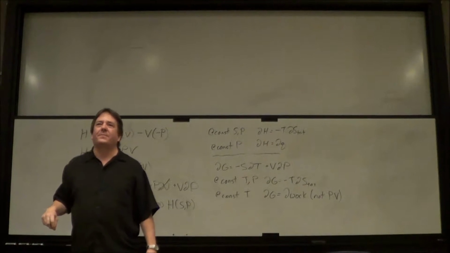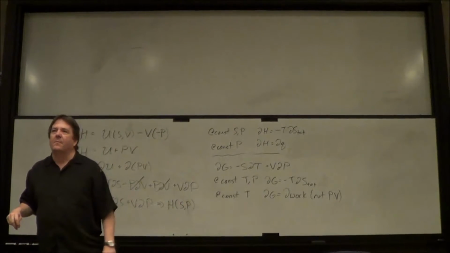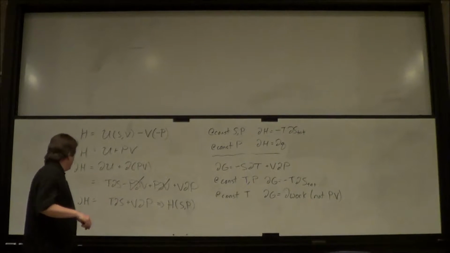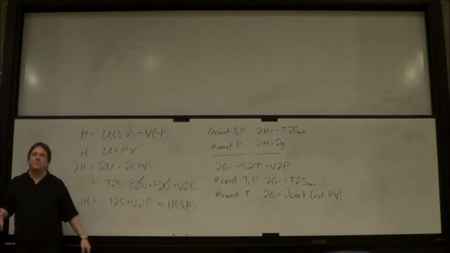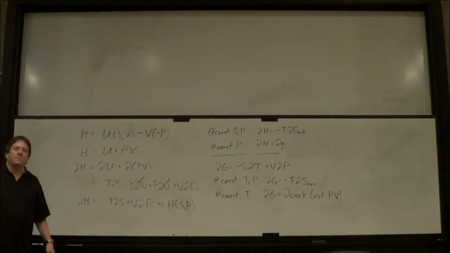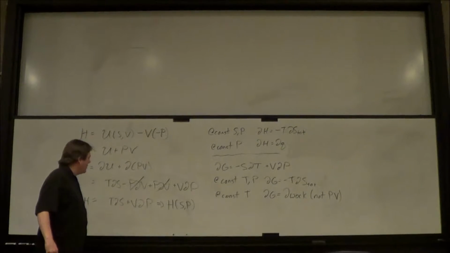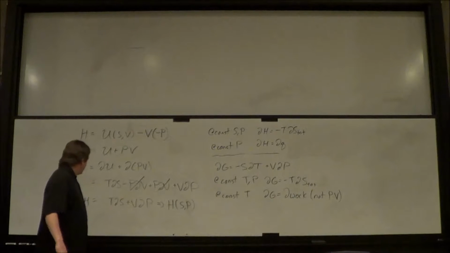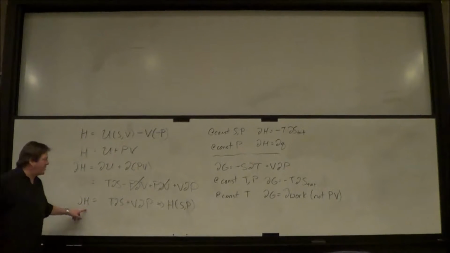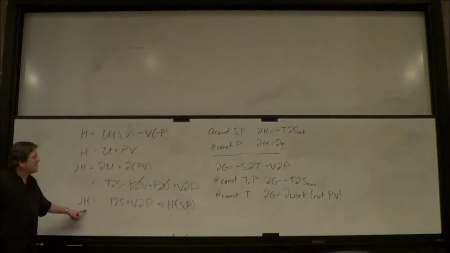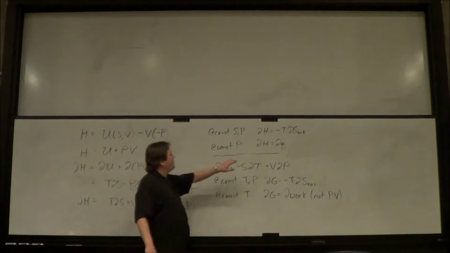For the equation of change of H, the function of S and P that you have in the bottom of there, now, if we hold S and P constant, wouldn't H be 0? Well, no, not necessarily. So remember, this is a change in H, and it would only be 0 if you're at equilibrium.